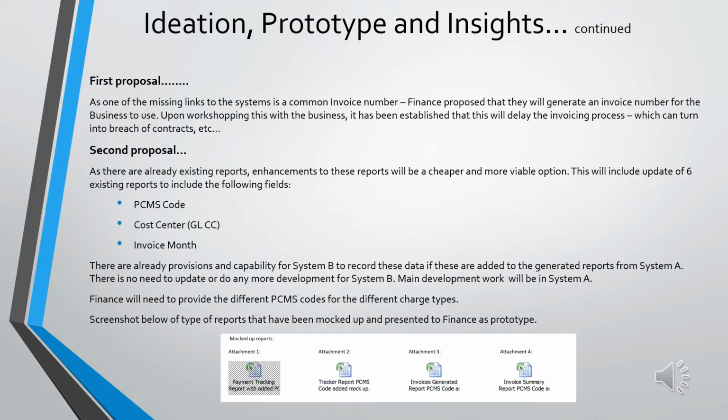This will include updating 6 existing reports that sit on System A. So the reports will be updated with 3 fields: PCMS code, cost center, and invoice month. Currently, there are already provisions and capability for Finance System B to record these data if these are added to the generated reports from System A.